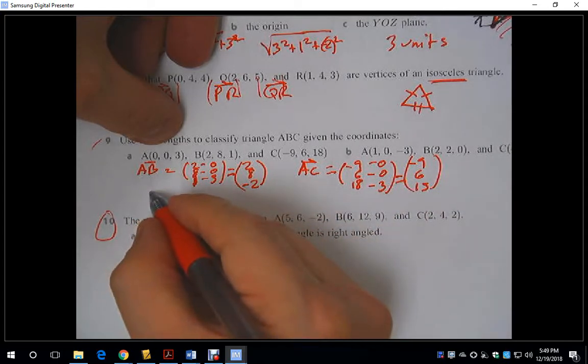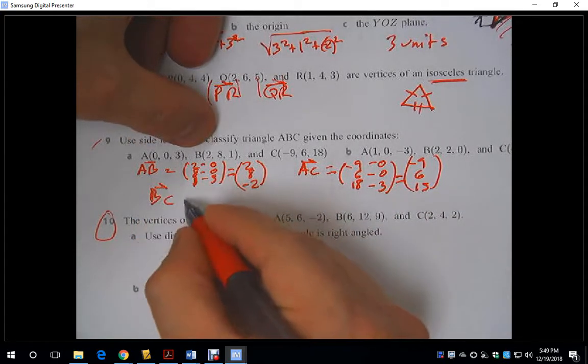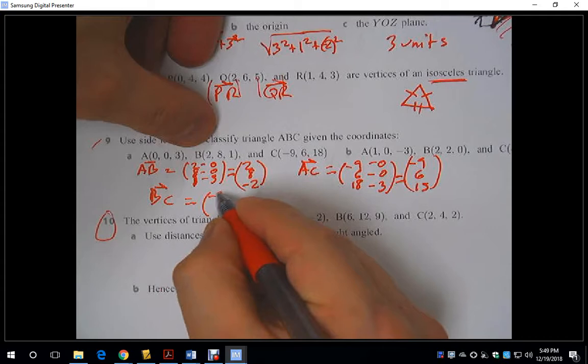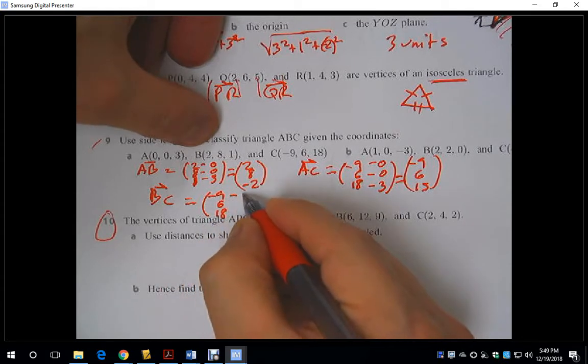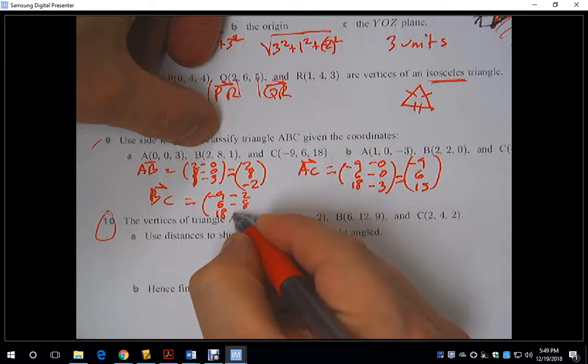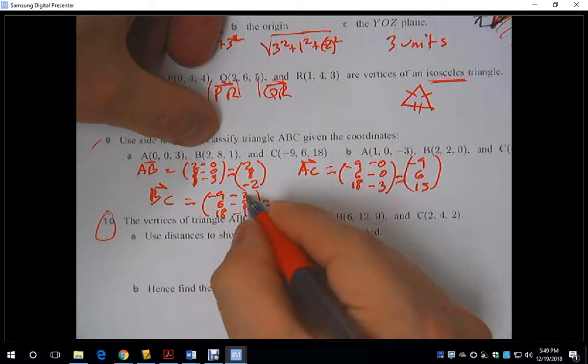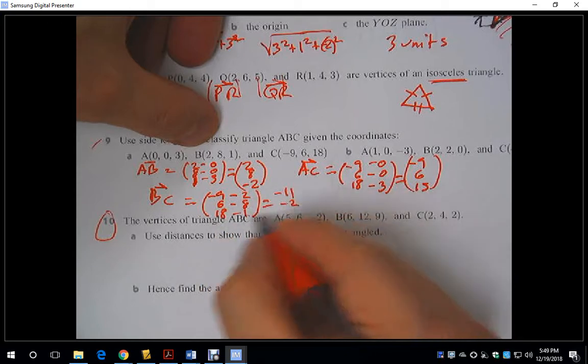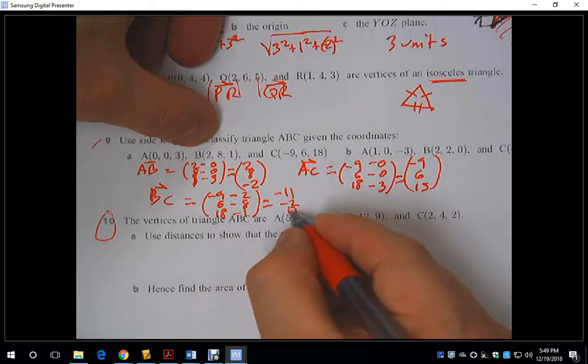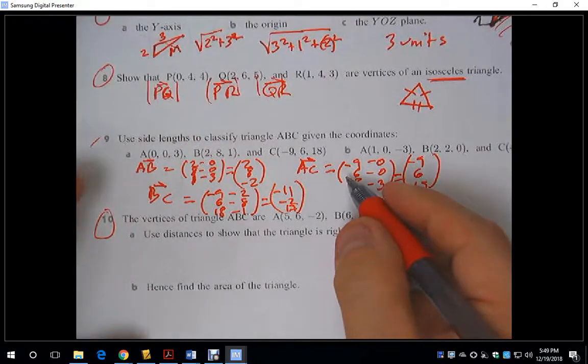And then we also need to find B to C. So that's going to be negative 9, 6, 18, and then we subtract our B value of 2, negative 8, and negative 1 to give us negative 9 minus 2, which gives us negative 11, and 6 minus 8, that gives us negative 2, and then 18 minus 1, which gives us 17.